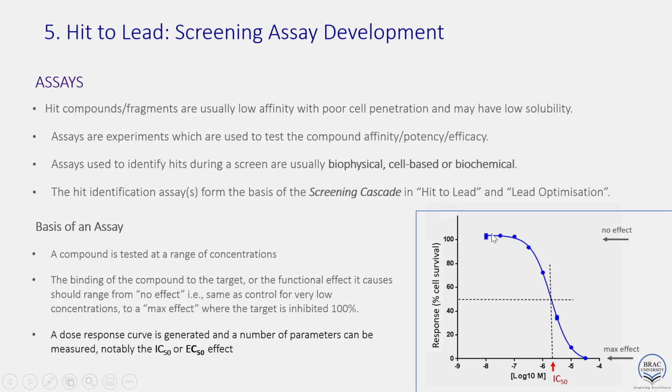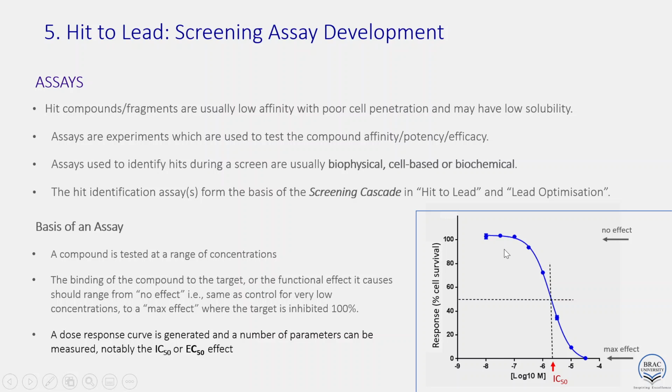For example, in a cancer context we see the cell line growth. This is the cell survival. At a very low concentration of the compounds, the survival is 100%. All the cells are growing, so no cells are dying.